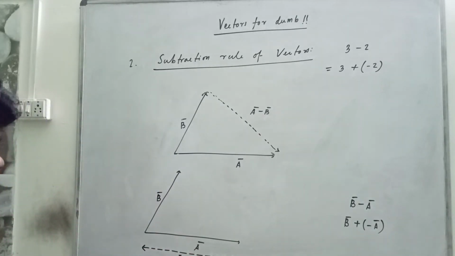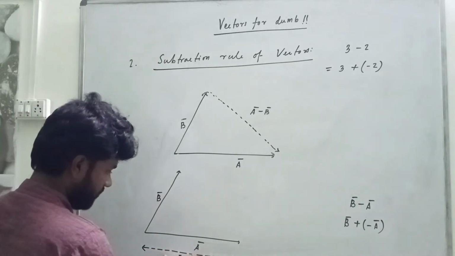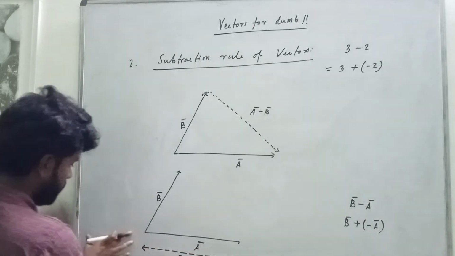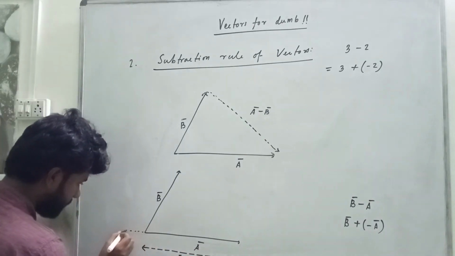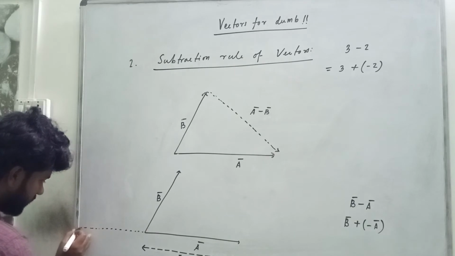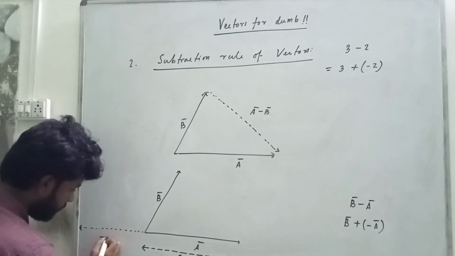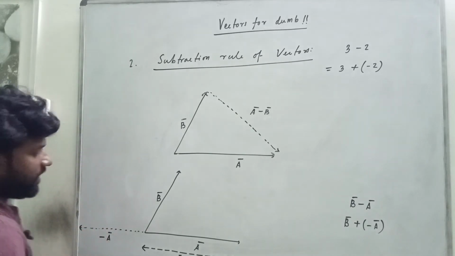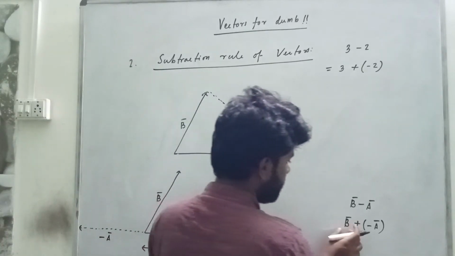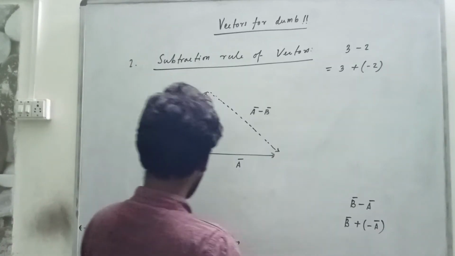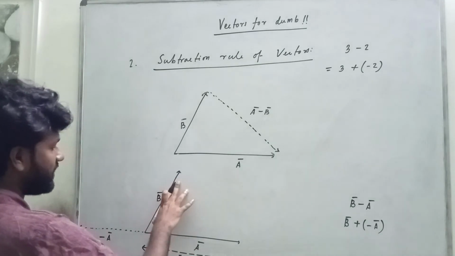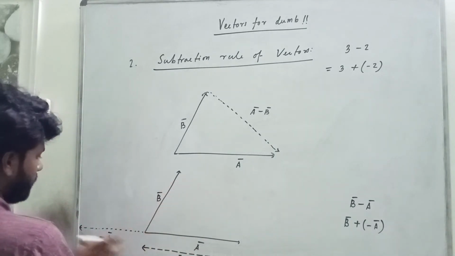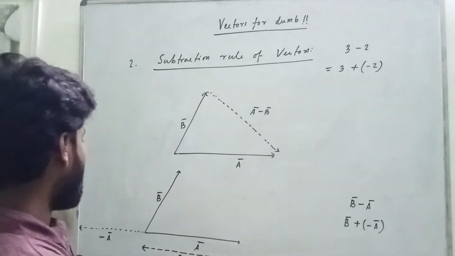Okay, and just take minus A from here to there. Just a parallel transformation. It is our minus A, and obviously it is B plus minus A. I mean just add this B to the minus A, and all of you know how to add this thing.